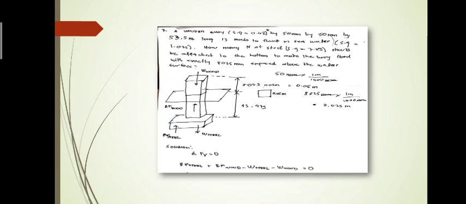Solution. Summation of FV equals 0. BF sub steel plus BF sub wood minus W sub steel minus W sub wood equals 0. BF sub steel equals gamma SG times V steel.